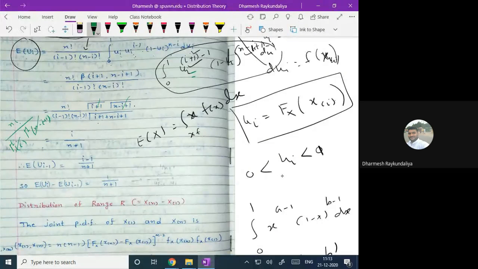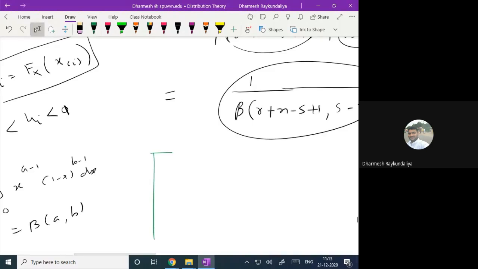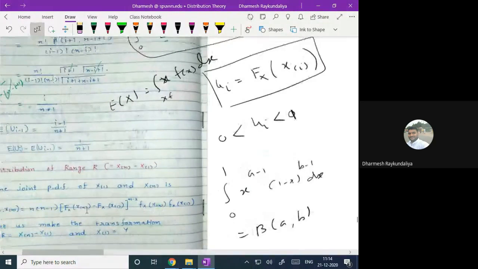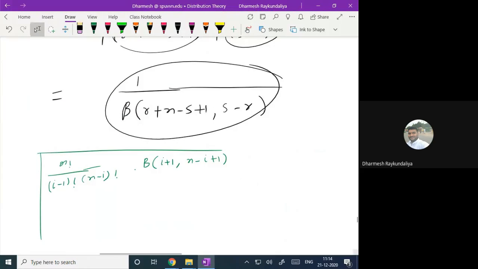सॉरी, this is the gamma i plus 1, ये गामा i है, तो यहाँ पे क्या होगा, I'll show you here nearby. क्या अपने पास है n factorial upon i minus 1 factorial into n minus i factorial, यहाँ पे क्या है beta i plus 1 and then n minus i क्या है, n minus i plus 1, ठीक है, n minus i plus 1.